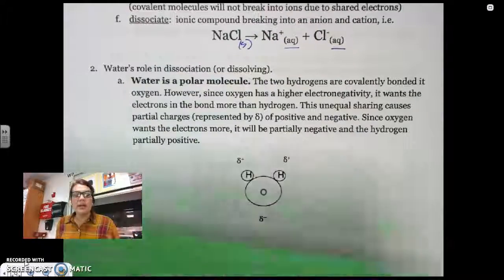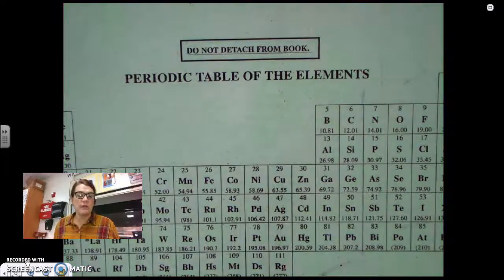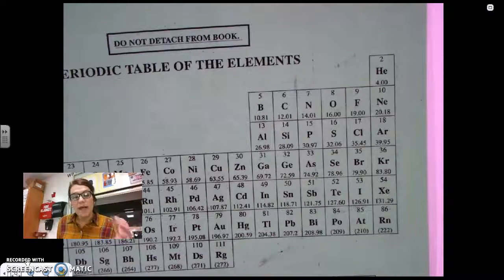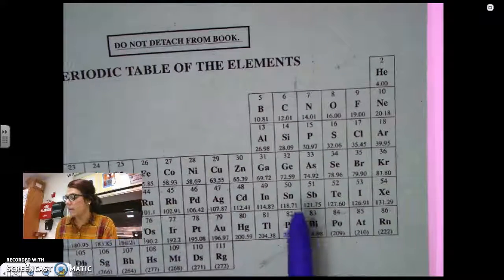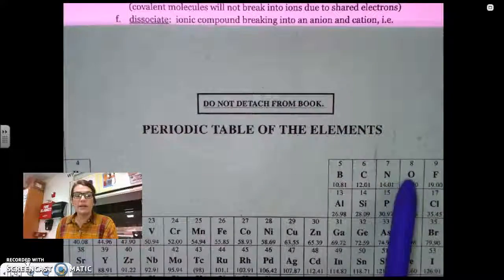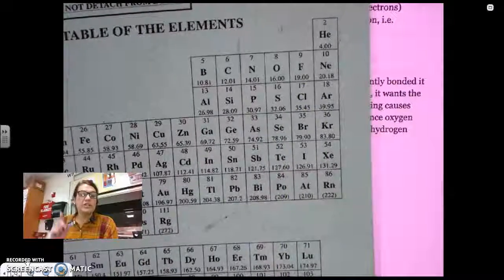You have to remember that electronegativity is the atom's want of electrons when it's in a covalent bond, okay? And if you remember our trend, the more protons an atom has, the more likely it is to pull the electrons close to it, okay? So for example, as I move from left to right across the periodic table, my electronegativity is going to increase.